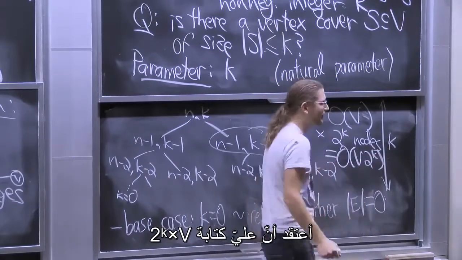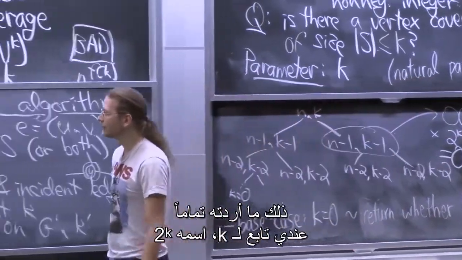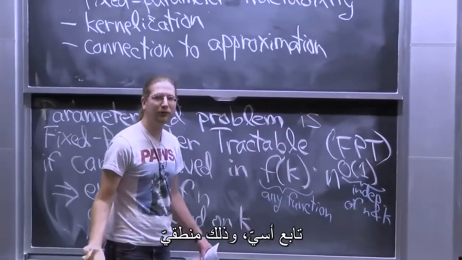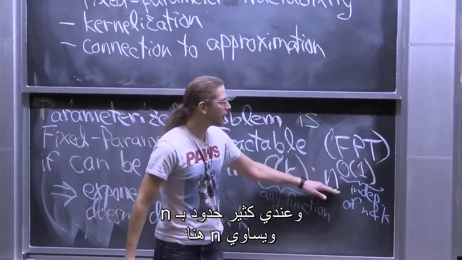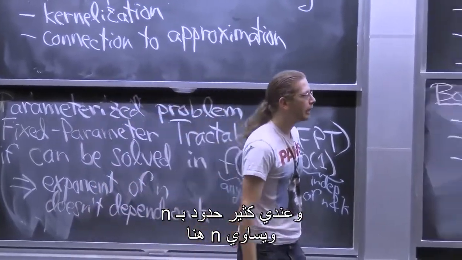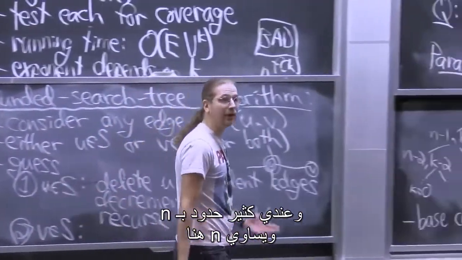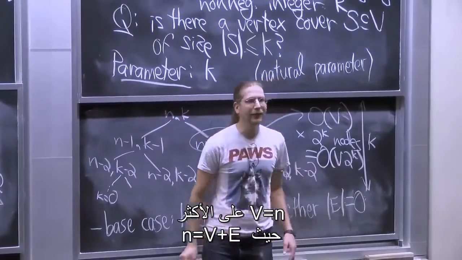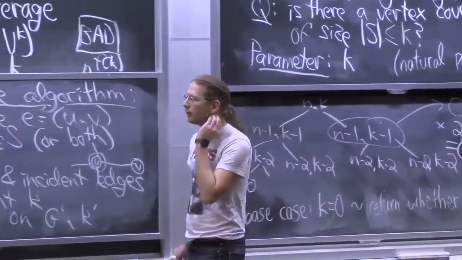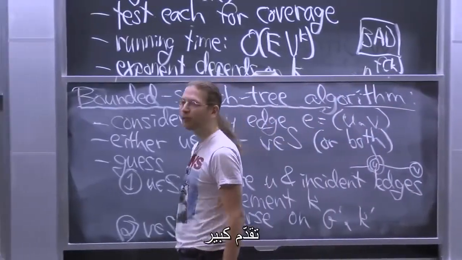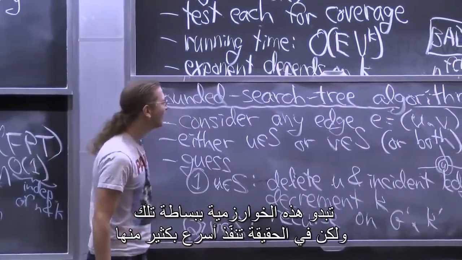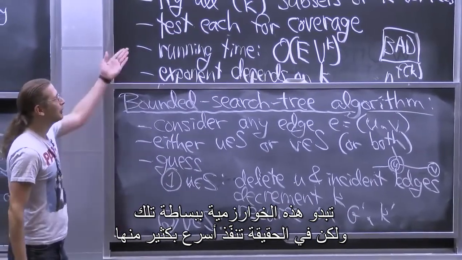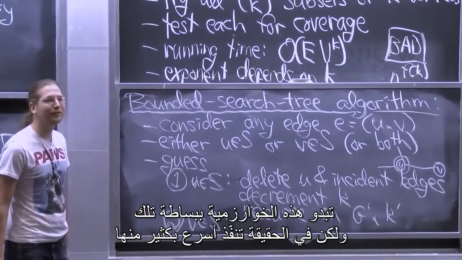I guess I should write 2 to the k times V. Hey, that is exactly what I wanted. I got a function of k, namely 2 to the k, exponential. That makes sense. And I got a polynomial in n. Here, it's n. The exponent is 1. V is at most n. N is V plus E. Wow. Big improvement. This seems equally simple of an algorithm as this one, but actually it runs a lot faster.